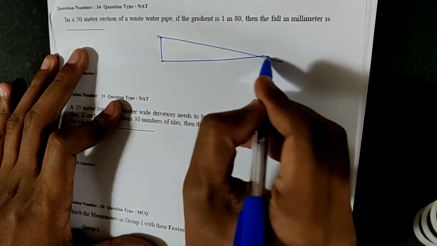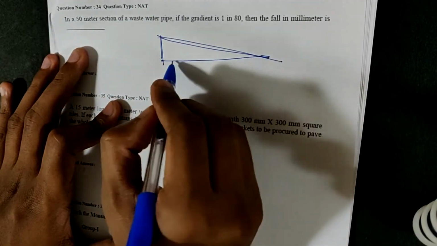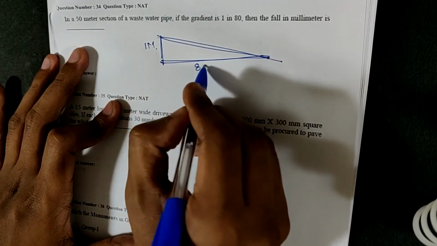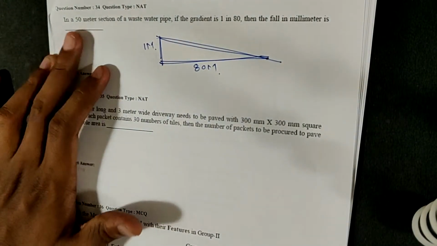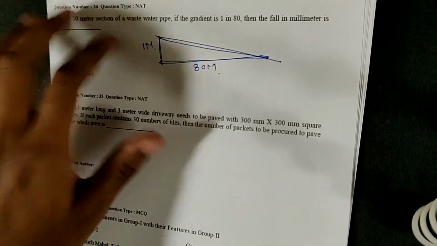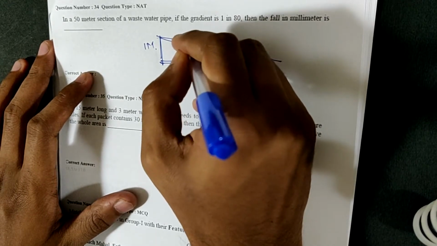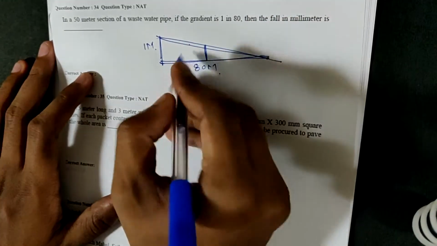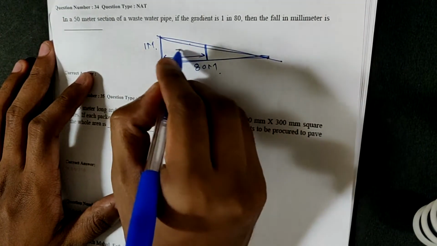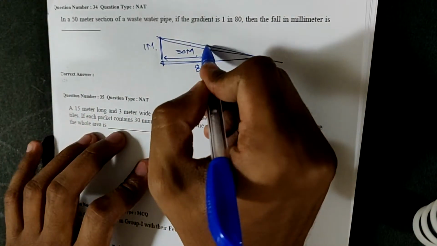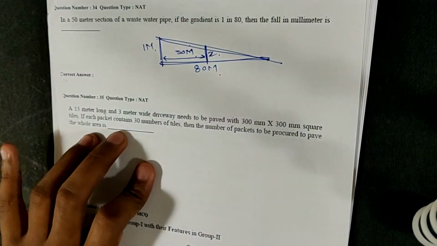You can imagine a triangle: for 1 meter drop, you go 80 meters. The question says, in a 50-meter pipe, how much does it fall? So let this length be 50 meter, and its drop would be this height, x, right?